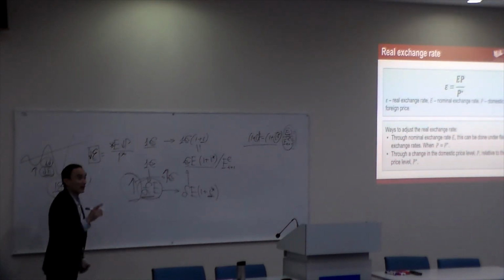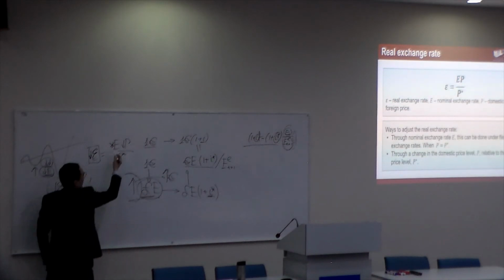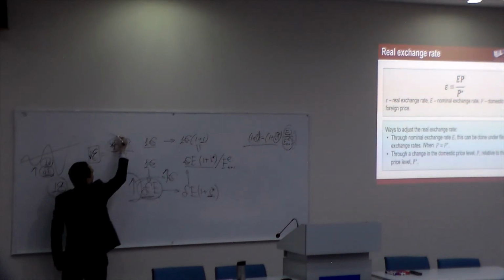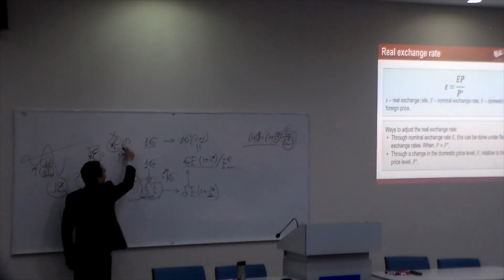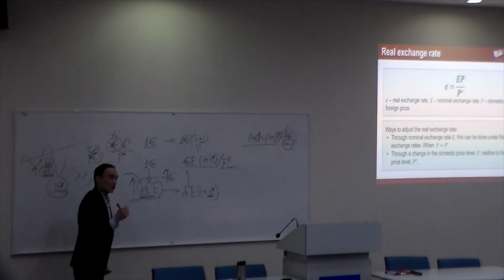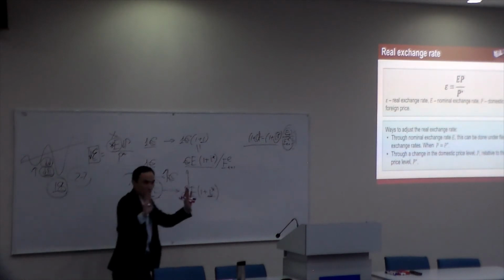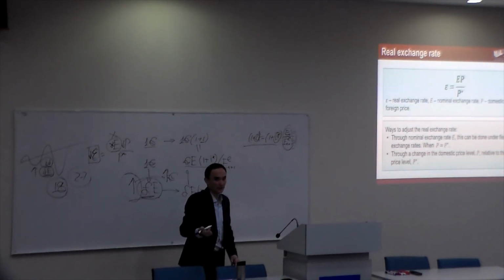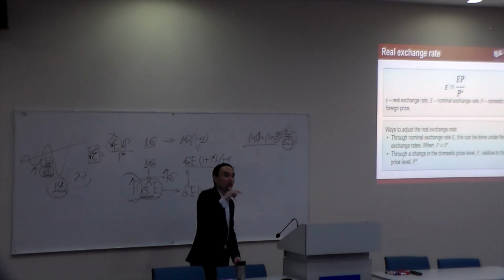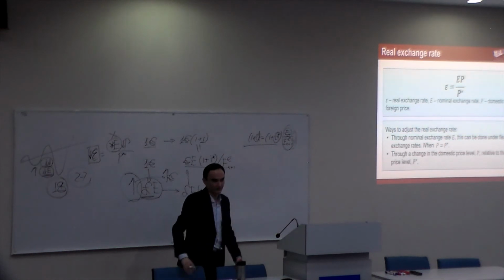But under a fixed exchange rate, changing this one is impossible. And affecting prices through the monetary system is also not possible in the short run. But in the medium run, the economy will adjust by itself.